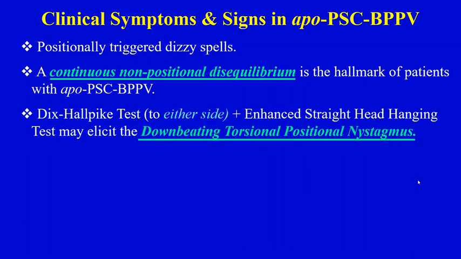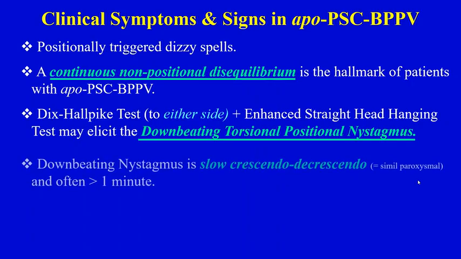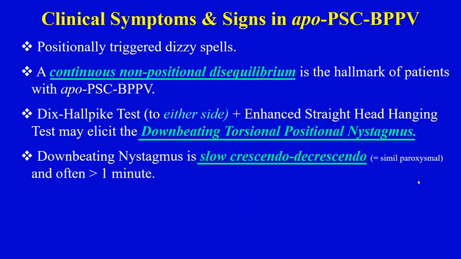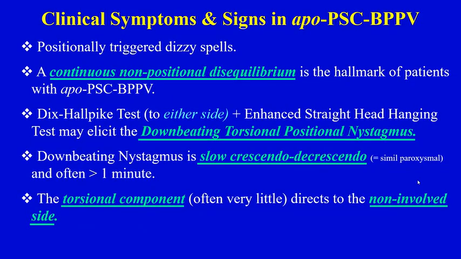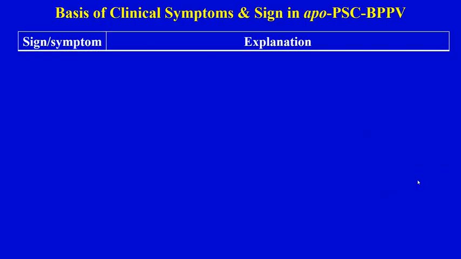The Dix-Hallpike test to either side plus the enhanced head hanging position may elicit downbeating torsional positional nystagmus. Downbeating nystagmus is slow crescendo-decrescendo, which is also called simul-paroxysmal, and is often persistent, lasting more than a minute. The torsional component, often very little, directs to the non-involved side.